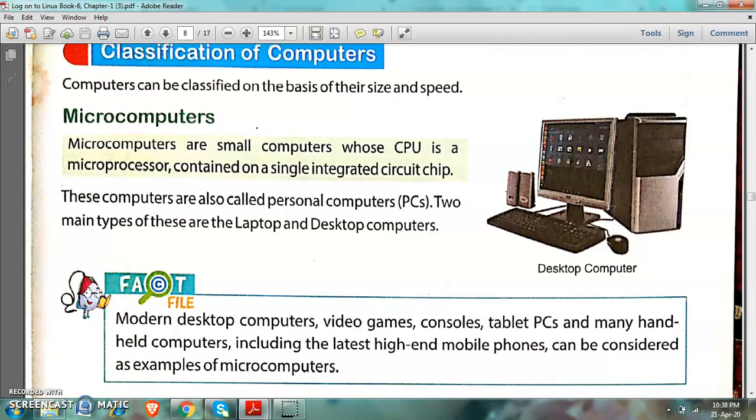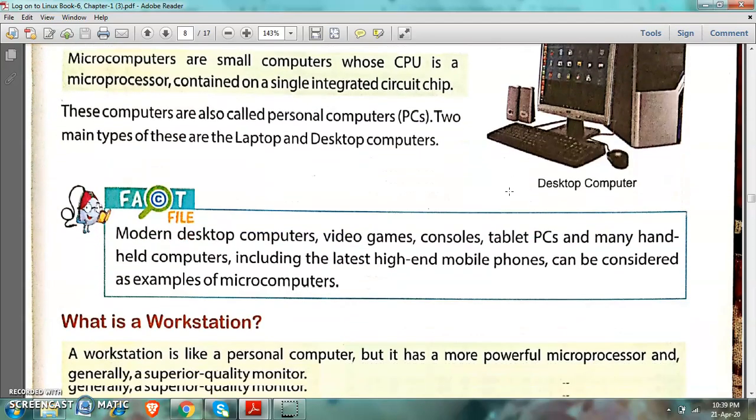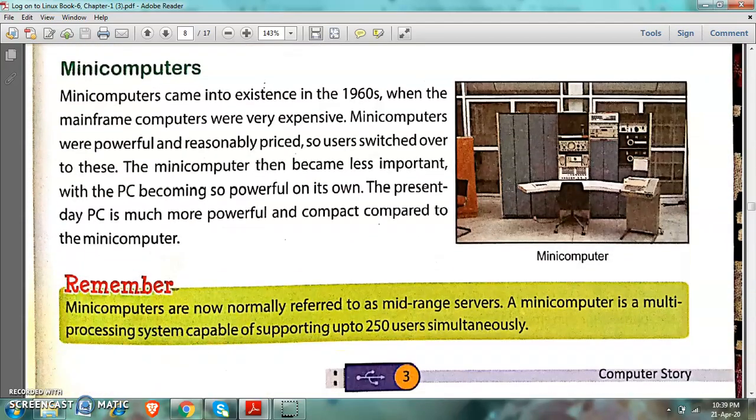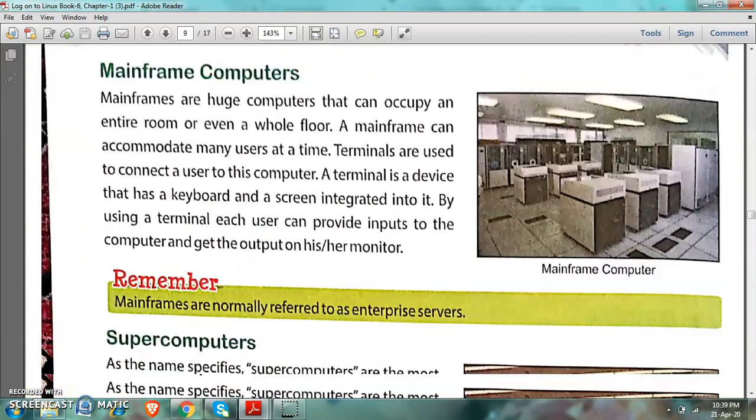The two main types of microcomputers are laptop and desktop computers. So let's move down, and you have to complete the answer within 2 lines.